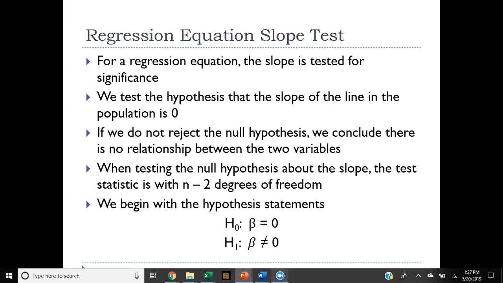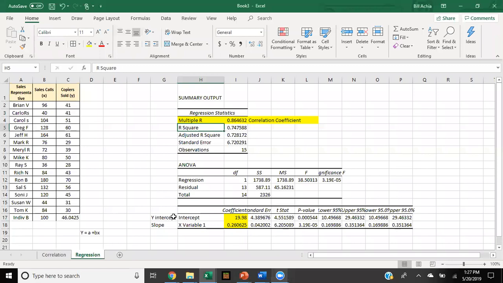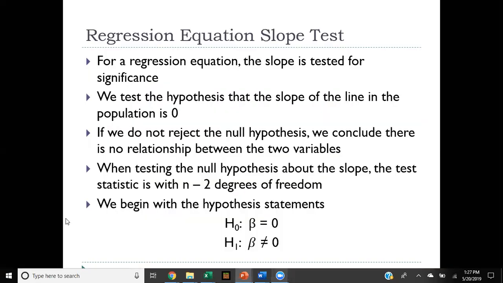We bring it into the null and alternate hypothesis. And remember here, we are looking at testing beta. Beta is your slope, your b, your slope value here, in the population. Basically we are saying that if b equals 0, then we have no relationship between the number of calls made and the number of copiers sold.